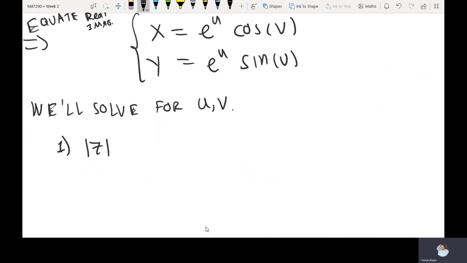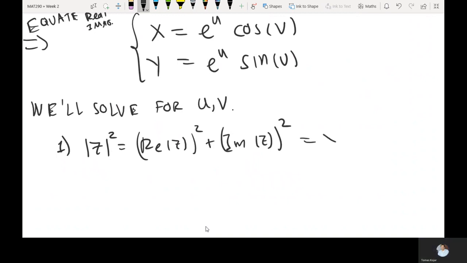So recall the modulus of z is equal to the square root of the real part squared plus imaginary part squared, which is equal to x squared plus y squared.